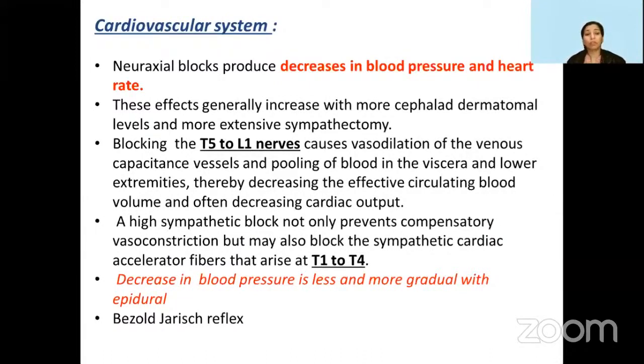And what is the Bezold-Jarisch reflex? In patients with hypovolemia, decreased preload, and profound vasodilation, it can activate the mechanoreceptors in the heart, and profound bradycardia with hypotension can be seen.